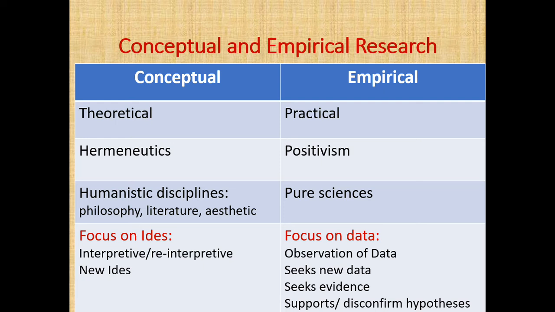Conceptual research is mostly done in the area of humanistic disciplines like philosophy, literature, aesthetics, translation studies, history, and so on, whereas the empirical research is mostly applied in the area of pure sciences.